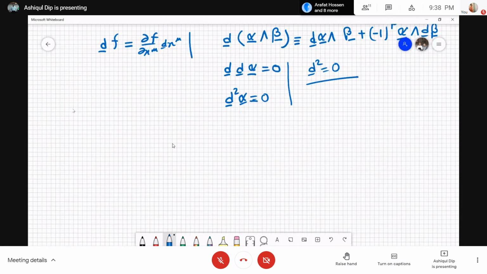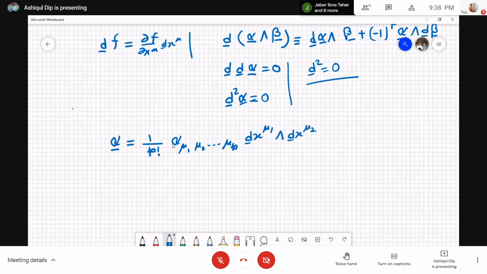For alpha, which is a p form, we can write it as 1 over p factorial alpha mu1 mu2 up to mu p, dx mu1 wedge dx mu2 wedge up to dx mu p.